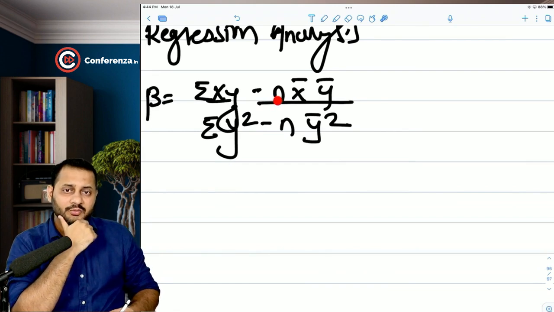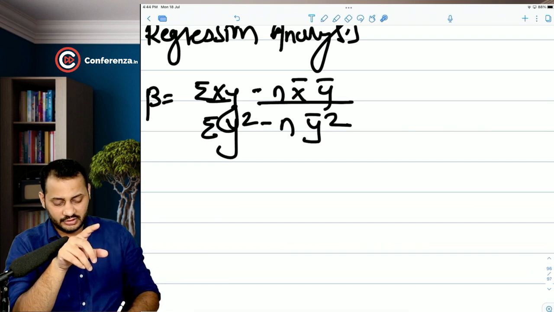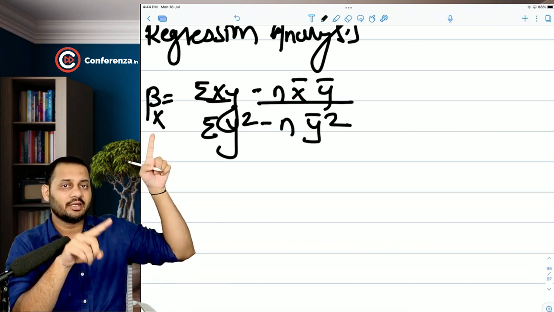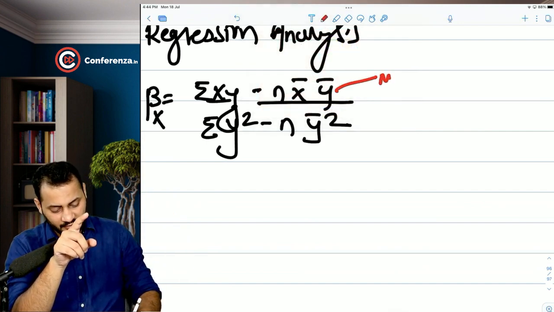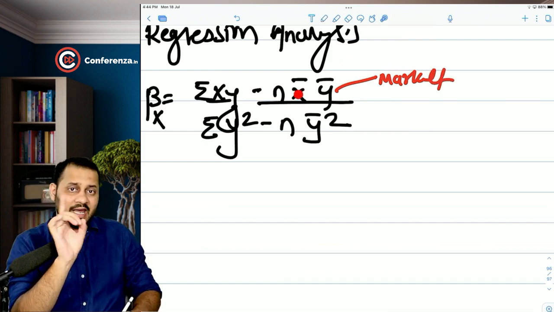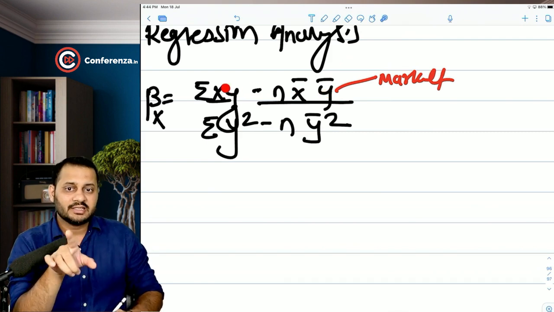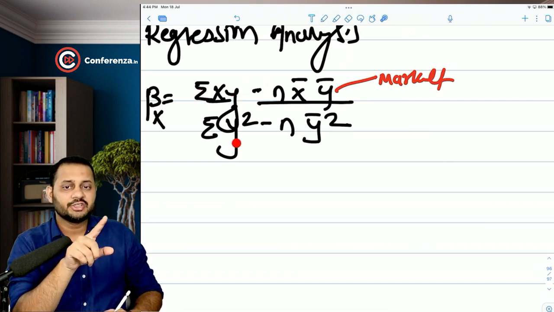N is the number of observations given in the question. X is the stock whose beta is being calculated. Y is nothing but the market return, and bar x means the average return of x, bar y means the average return of y. Summation of xy means the return of x multiplied by the return of y for all the rows, then summation.